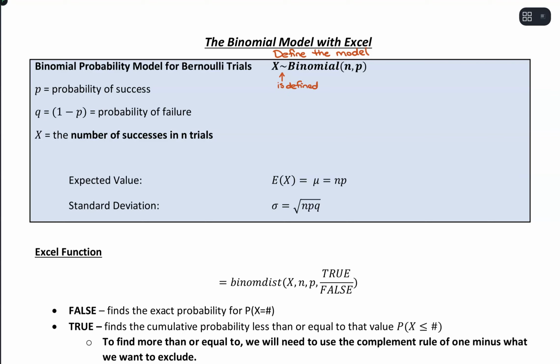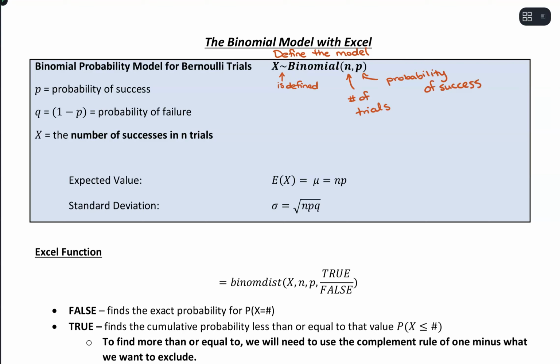And the model we're using is binomial, so we write out the word binomial to tell us our model. Then we start parentheses and we want two pieces of information: the value for n and the value for p. The value for n is the number of trials and p is our probability of success. All of that together defines our model.